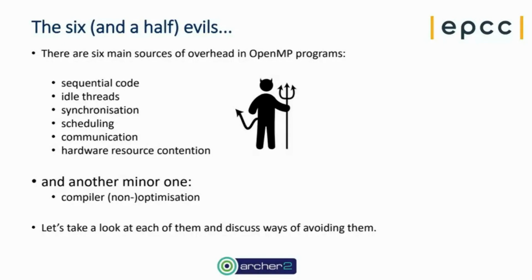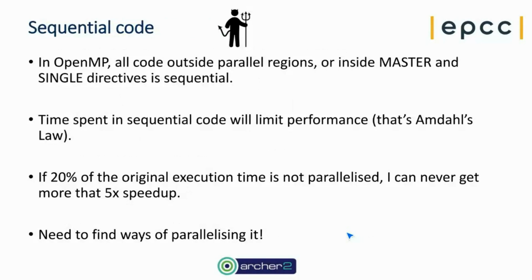So okay, let's have a look at each of those and talk about what they are and what we can do about it. So the first one's very straightforward, which is sequential code. So in OpenMP, all the code that's outside of parallel regions, or inside a parallel region and in a master or a single directive, is essentially sequential code that's being executed by only one of the threads.